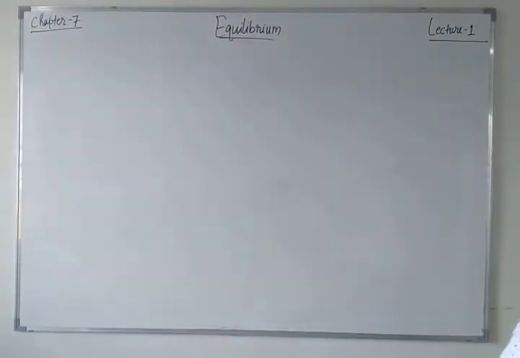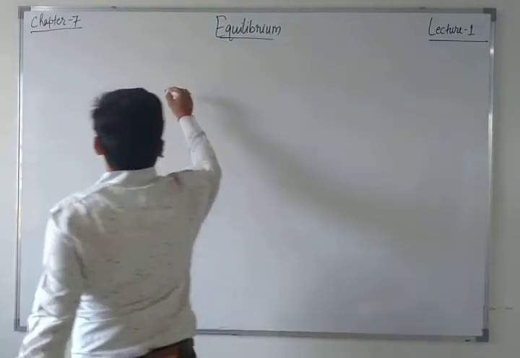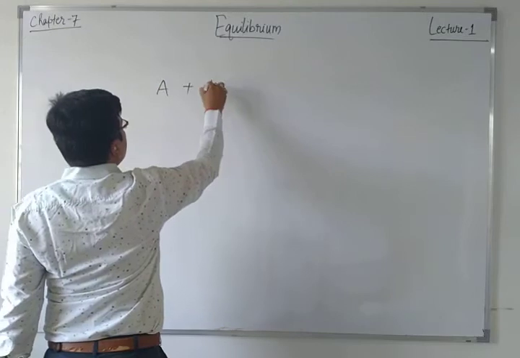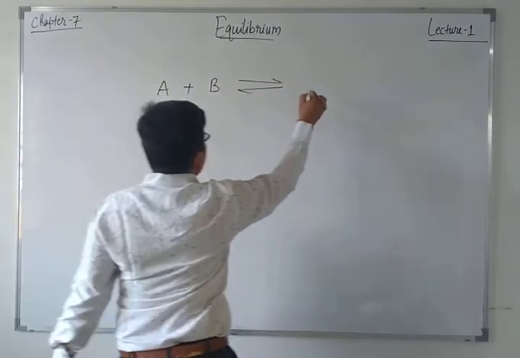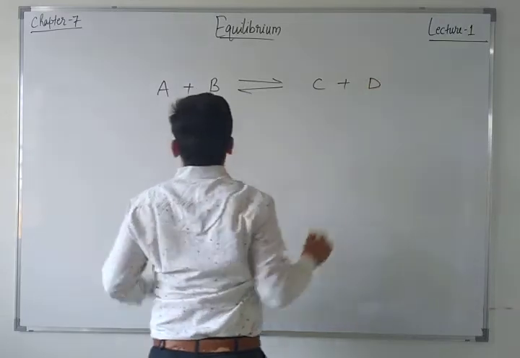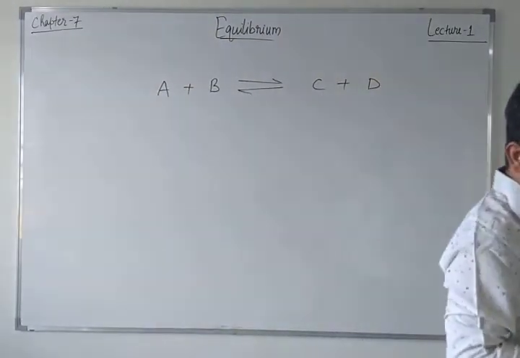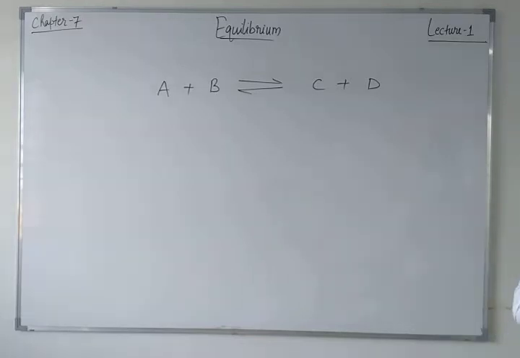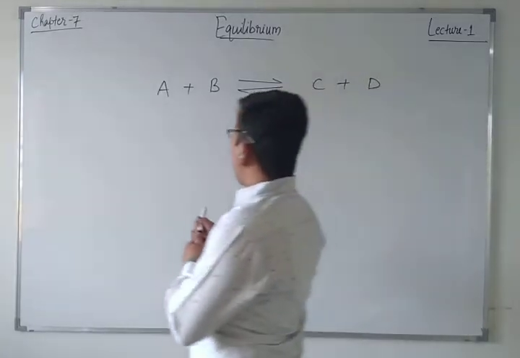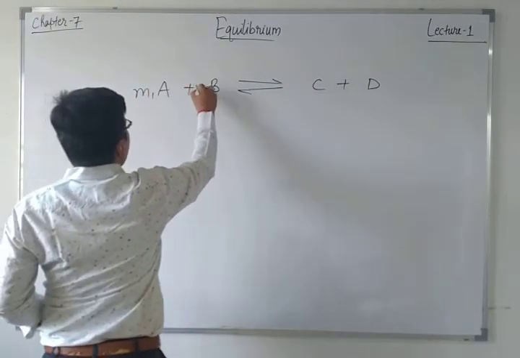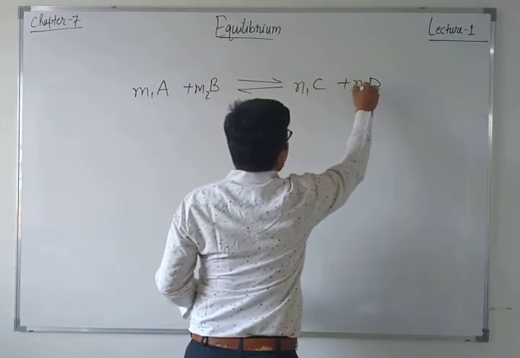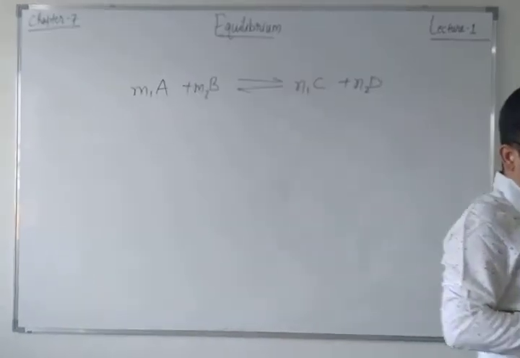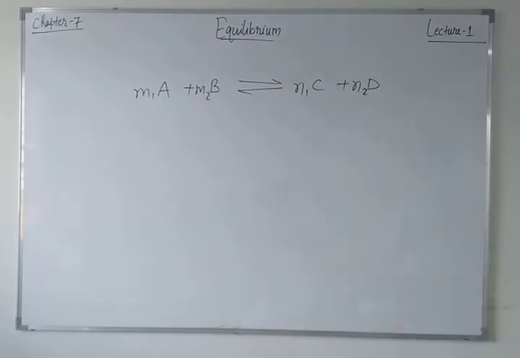Just suppose the chemical equilibrium A plus B in equilibrium with C plus D. But here, I talk about the reversible homogeneous reaction at equilibrium at a particular temperature, where the molar concentrations are M1, M2, and here N1 and N2. Is there any doubt? Now the active mass of A, B, C and D, can you tell me what will be the active mass?